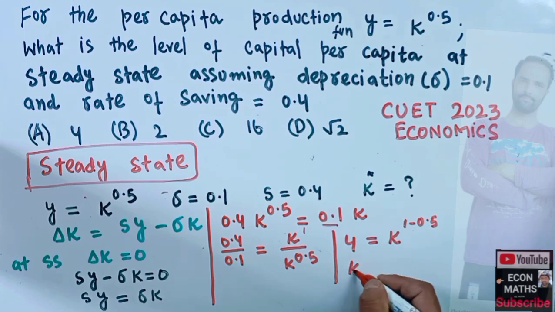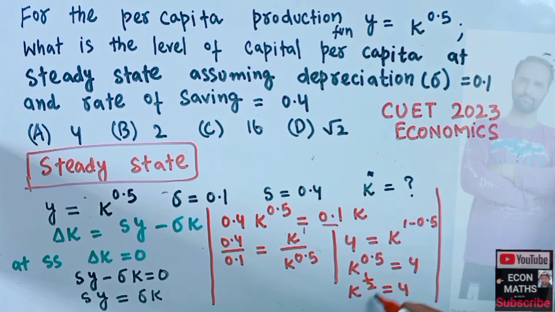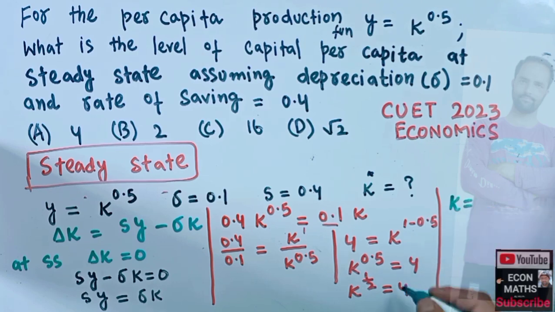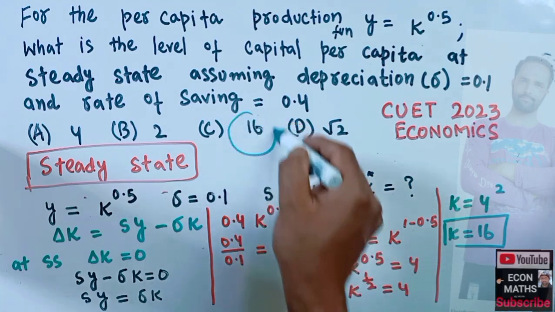So we get k to the power 0.5, which is equal to 4. Which implies k to the power 1 upon 2 is equal to 4. Now transpose this exponent, it will become the reciprocal. Simple thing. So k will be equal to 4 squared. That means our steady state capital per capita will be equal to 16 in this case. So the correct option should be 16 here.